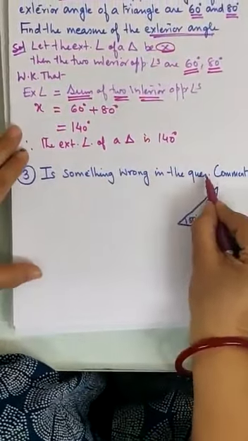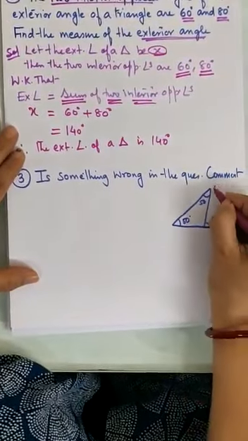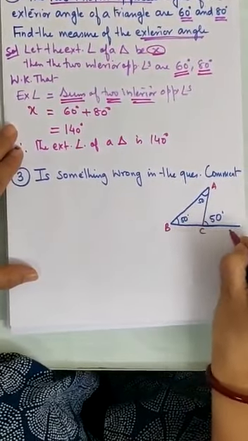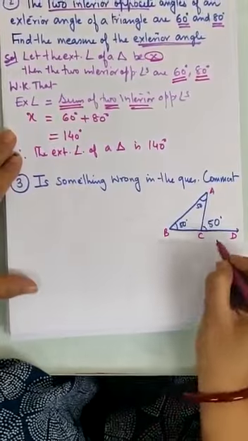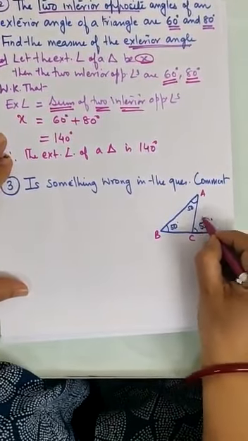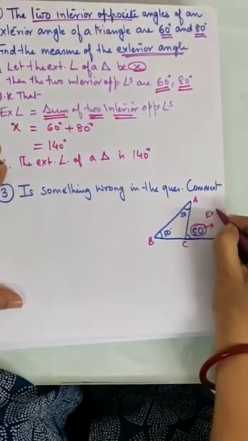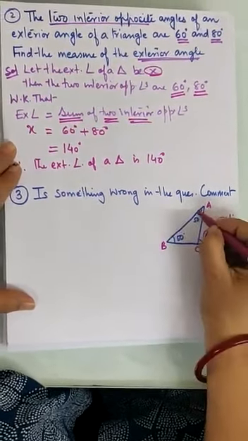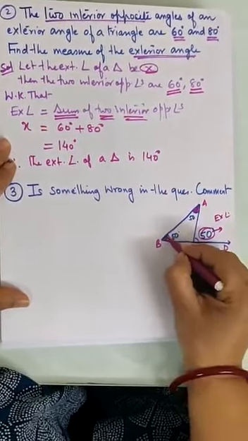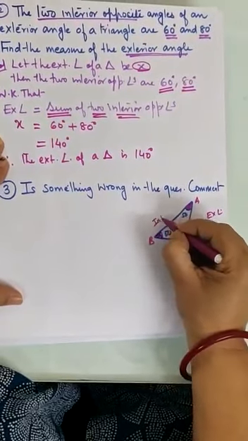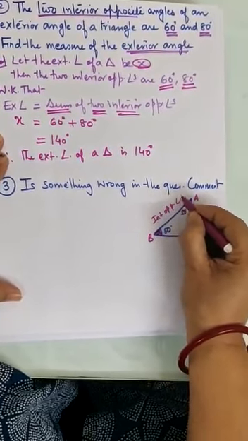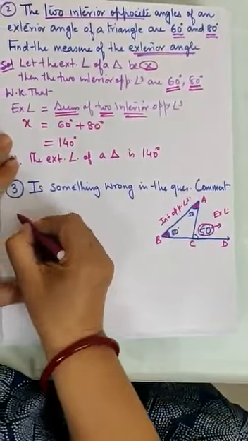Is something wrong in the question? Comment. Now look at the figure. A, B, C and D are marked. Now what is this 50 degrees representing? This is an exterior angle. And these two are interior opposite angles. Right? What do we know?